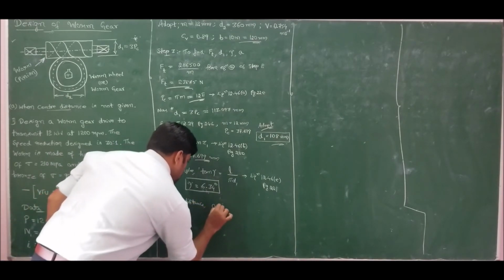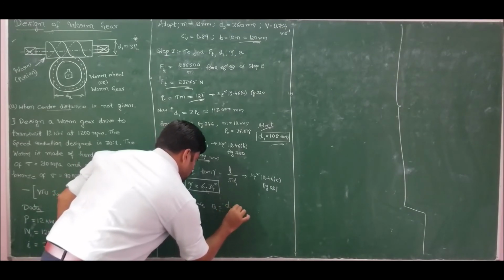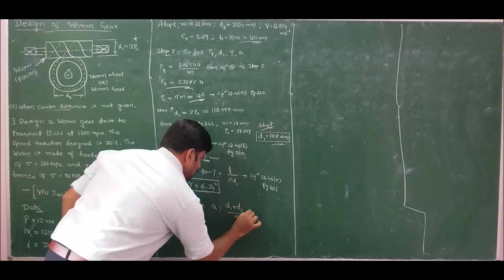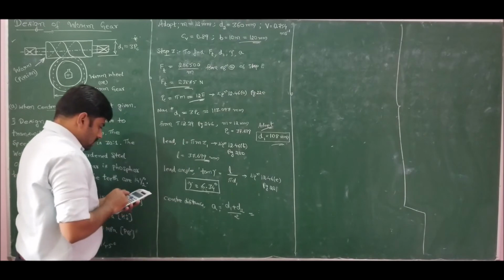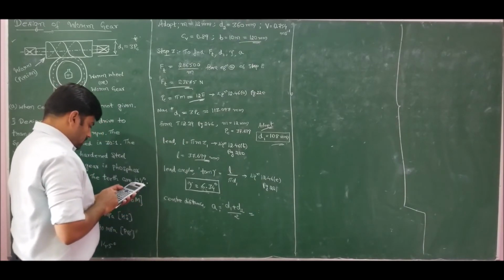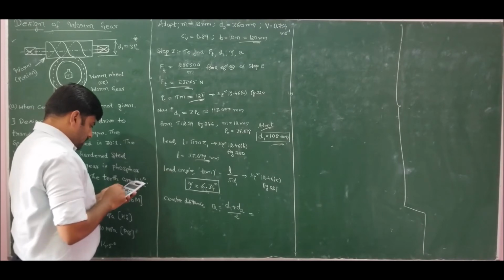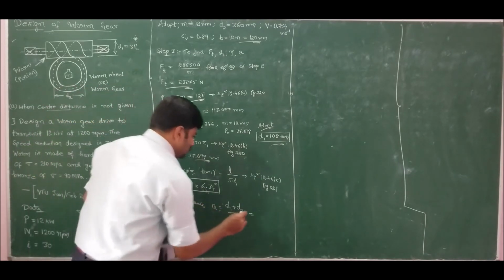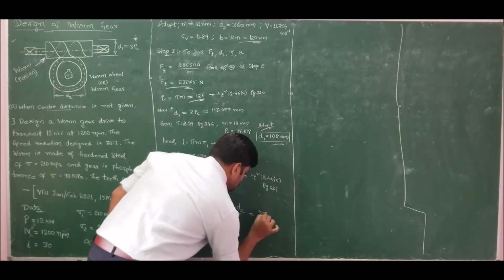Center distance A is equal to (d1 plus d2) by 2, which you already know. So d1 is 108 plus d2 is 360, divided by 2, which is 234 millimeters.